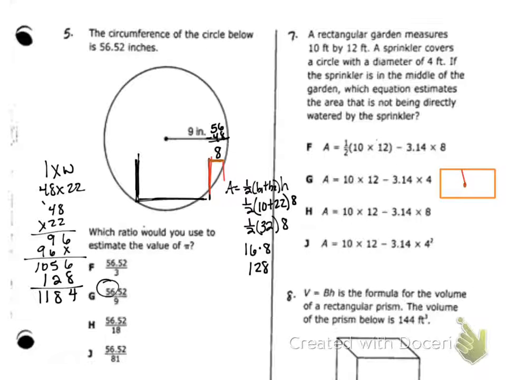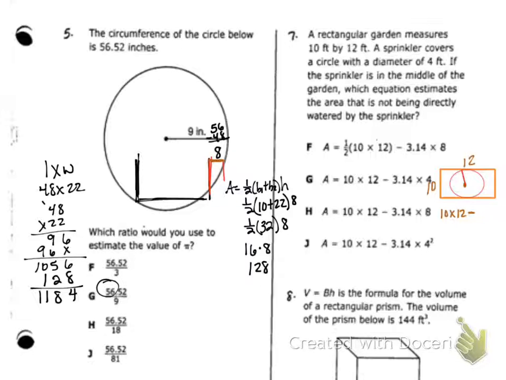So what that means is it's probably going to cover about this much of the lawn. So what doesn't get wet is probably this over here. So the way to find it is to find the area of the rectangle minus the area of the water that the sprinkler covers. So let's do the area of the rectangle. We know that it's 10 times 12, and then I'm going to subtract the area of the circle.